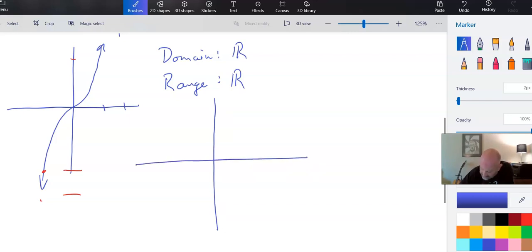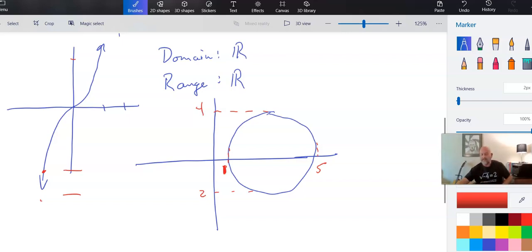this one isn't technically a function, but let's say I have a circle, right? It still has a domain and range. Let's say that's at 1, and this one is at 5. So let's say this tops out at 4, and this one bottoms out at 2, right?